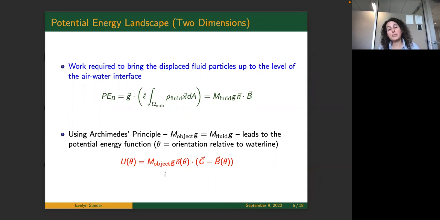And so the places in which the derivative is 0 could correspond to inflection points, it could correspond to a local max, or it could correspond to a local min. But the point is that those zeros of the derivative would be the points at which the sine of theta is 0, and the sine of theta is 0 when g minus b is going to be in the same direction as the water line.